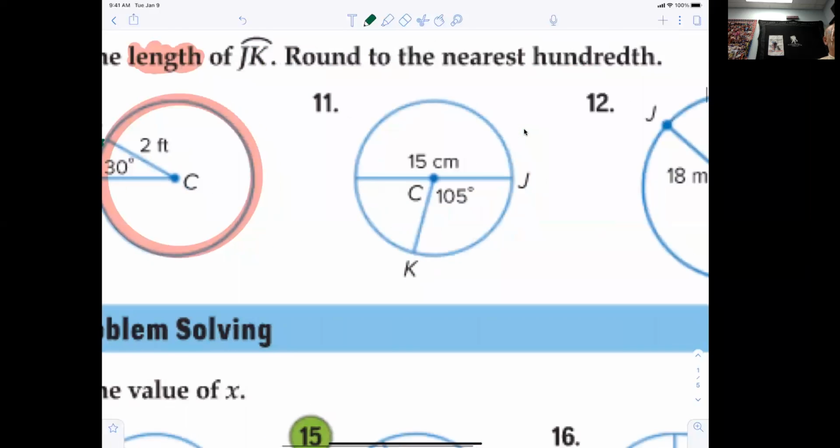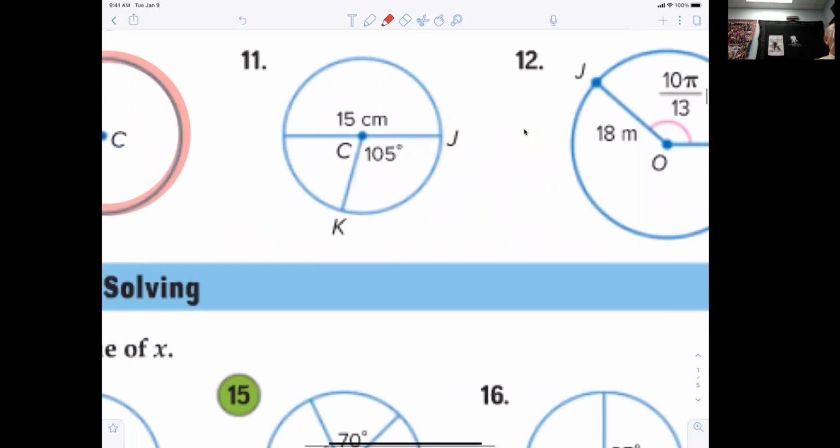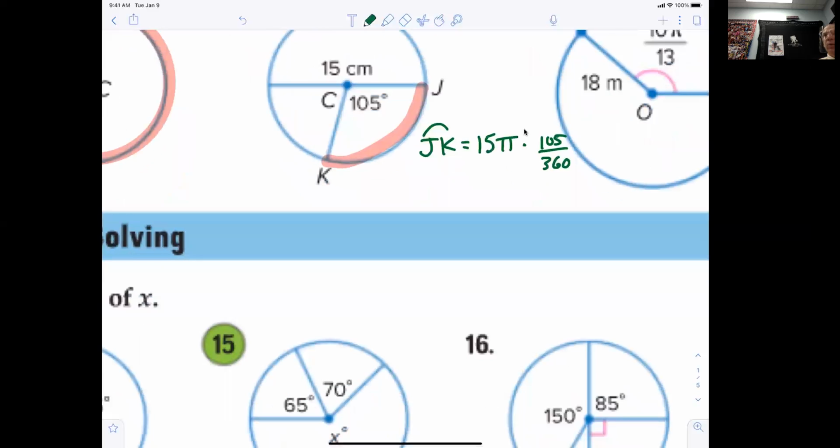Number 11. I'm trying to find JK. So somebody tell me what the circumference would be. I want everybody to write JK is equal to, what's the circumference again? So everybody writes 15 pi down. And then you multiply that by what? 105 over 360. Exactly correct. Now, calculator-wise, I don't feel like reducing that out. Everybody just go on your calculator: 15 times 105 divided by 360, math, enter.